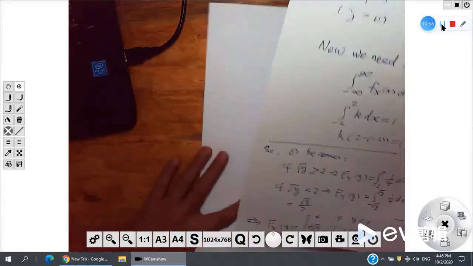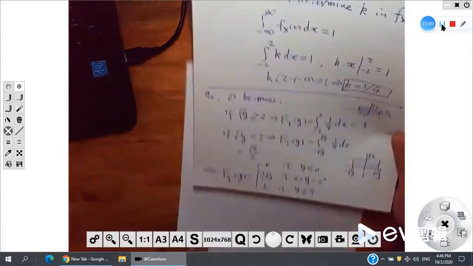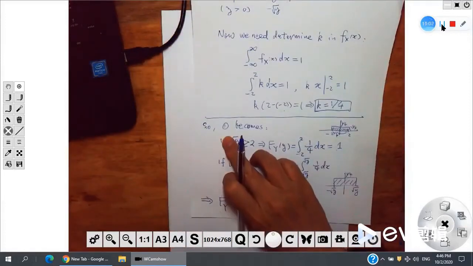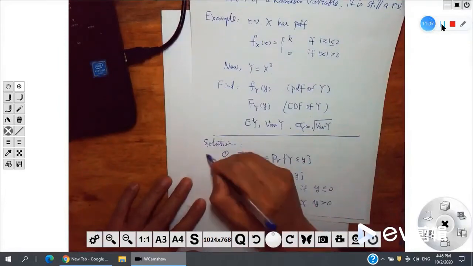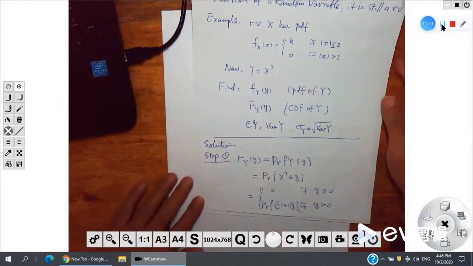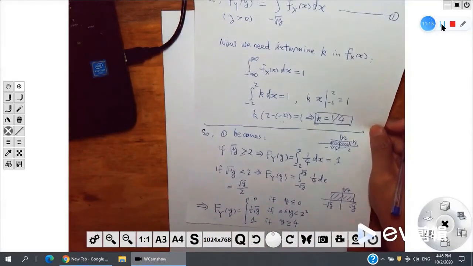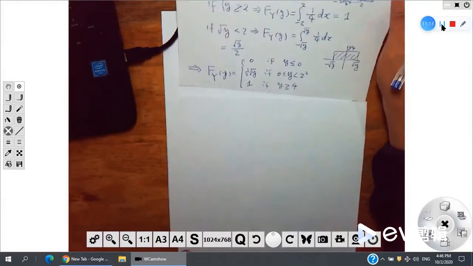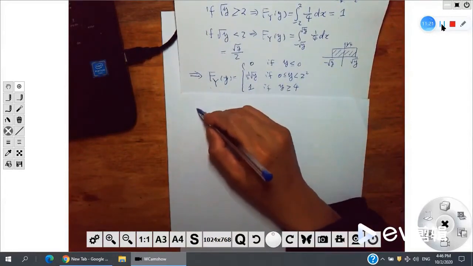This is also 1. This is for the equation, and I put this as step 1. Then I consider step 2.